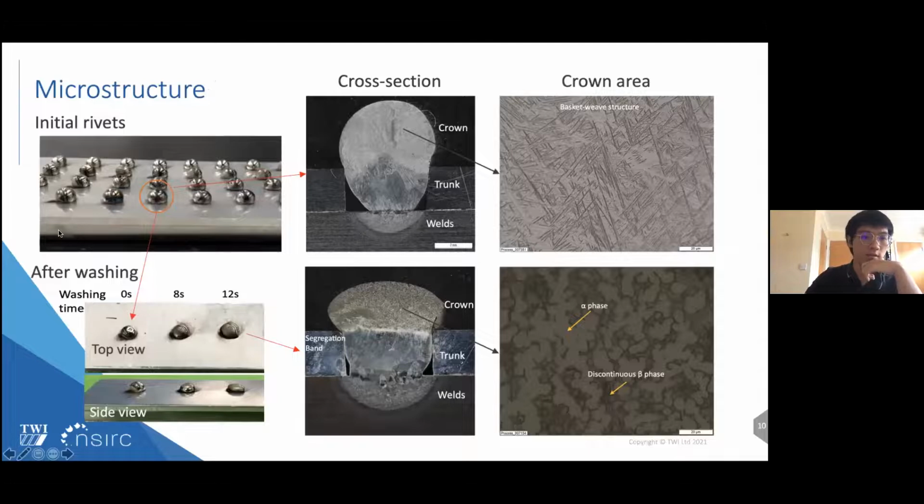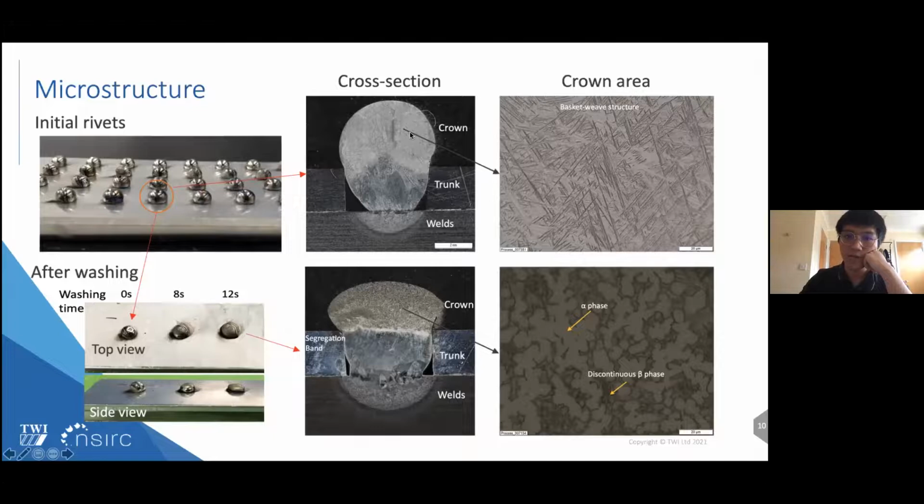And in this result, from the top and side view, we can see the original rivet and the rivet after post-wash. After the post-wash, it gets flatter. And in the cross-section view, there are also two big differences. One is at the crown area.